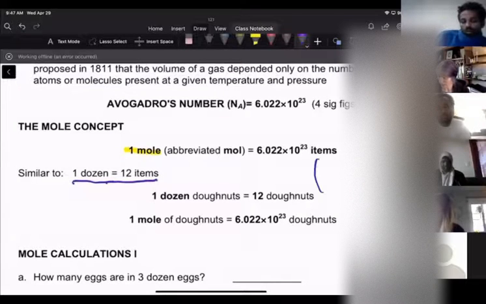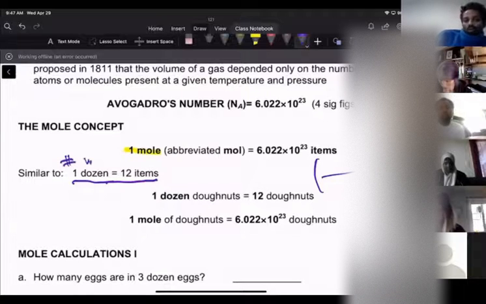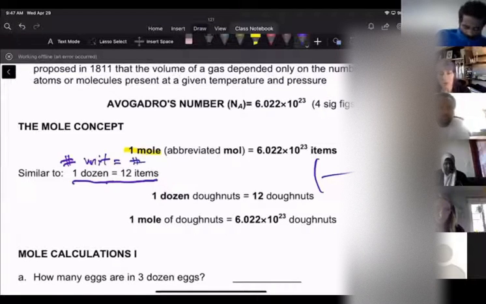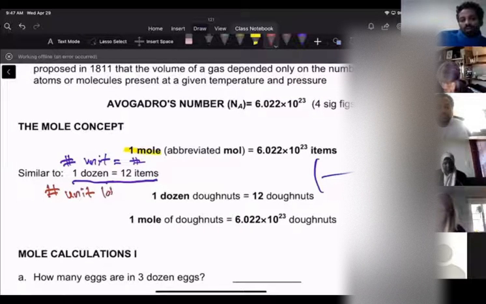And when we write a factor, this is where it gets a little bit tricky. It's a little bit challenging because we have our number and our unit, and then on the other side, we just have a number. So normally we have a number, a unit, and a label, and that's going to equal a number and just the label.